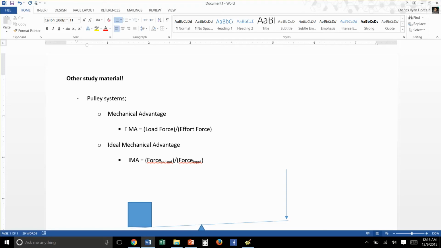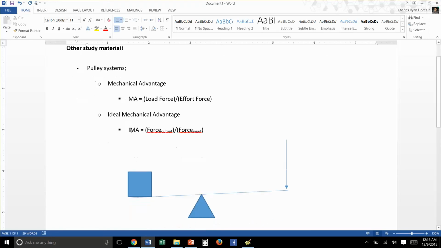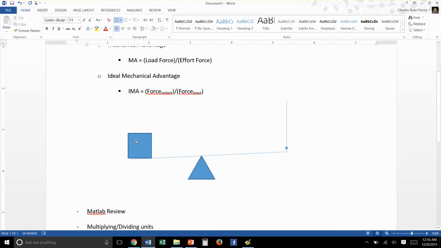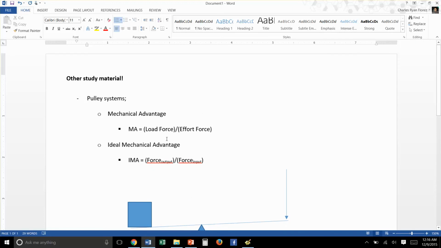So that's where it compensates. If you really need to move a huge, big block just a little bit of distance, then maybe a pulley system is something that you should consider implementing in whatever you're doing.